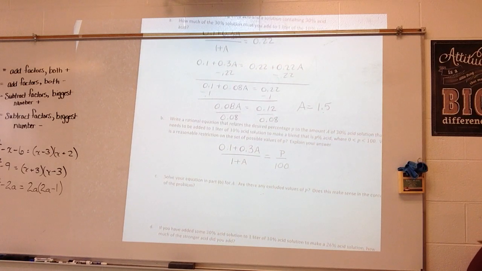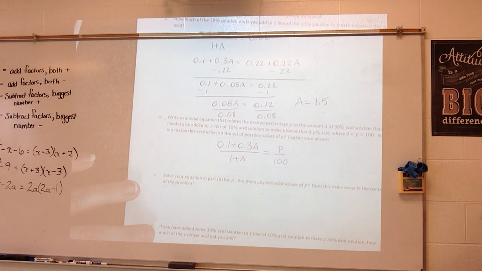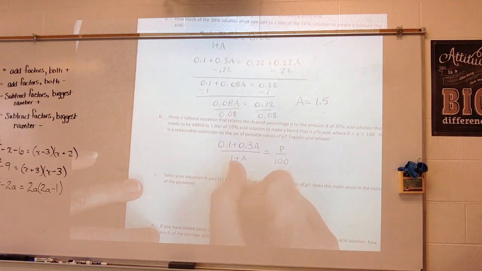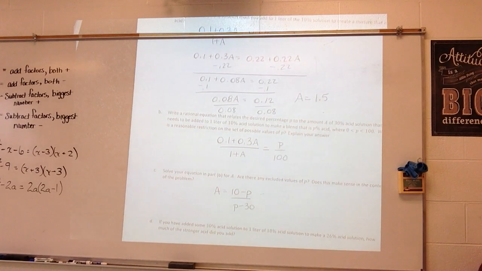Solve the equation in part B for A. Alright, so we're going to solve this for A. We're getting kind of long here, and guys, I don't want to spend a whole lot of time on this. I've already showed you how to solve these. Cross multiply, and you would get A is equal to 10 minus P over P minus 30.